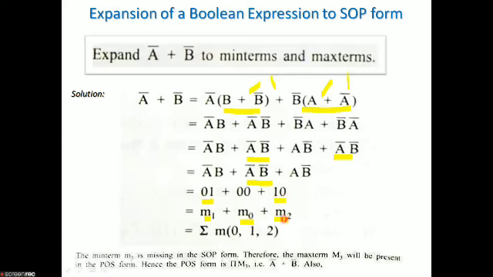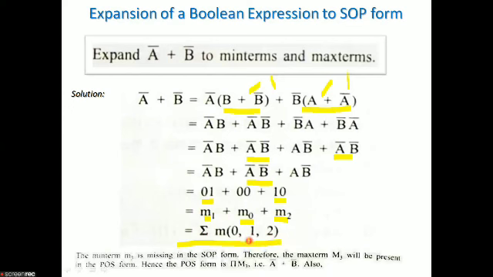As I told you earlier, 2 variables means there will be 4 min terms, but in this particular expression only 3 min terms are present, and we found them by solving the Boolean expression. So only min term 0, min term 1 and min term 2 are present. We write it in summation form, that is, summation of min terms 0, 1 and 2.